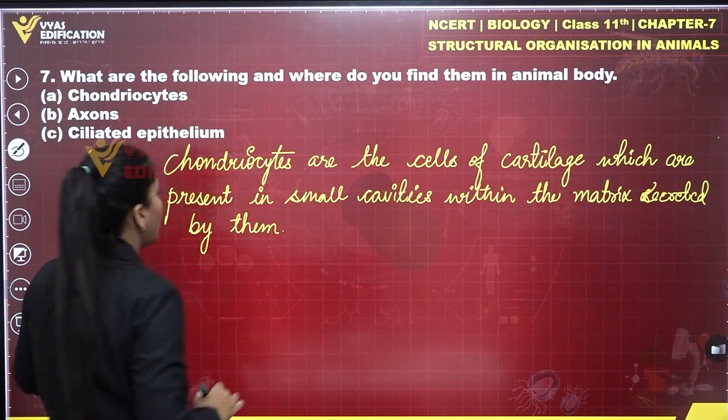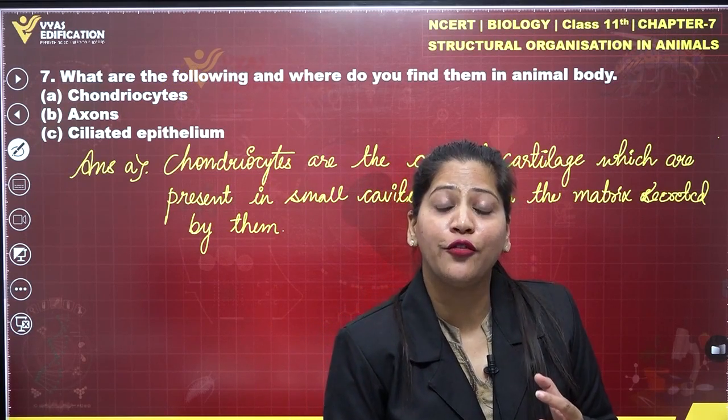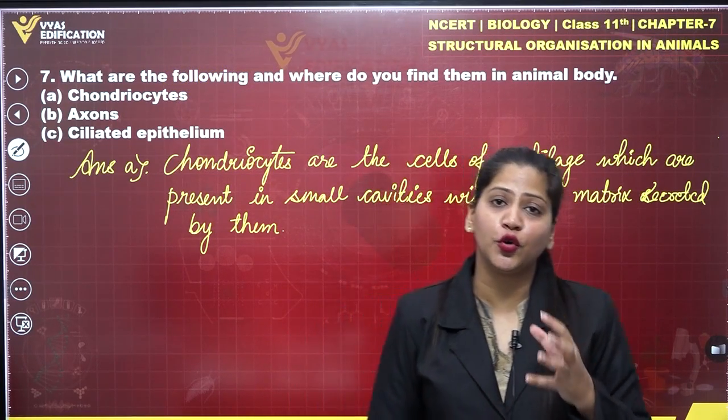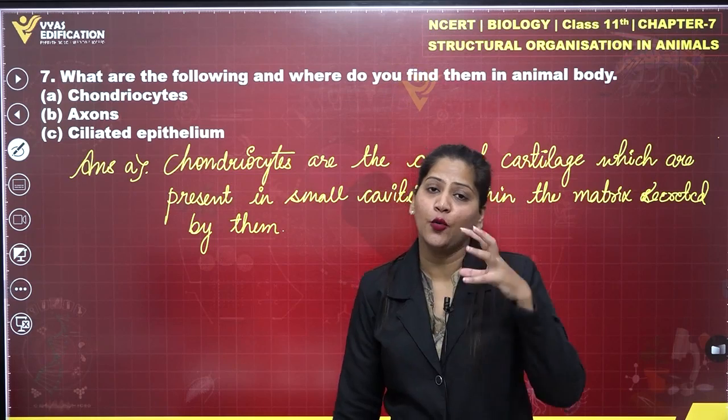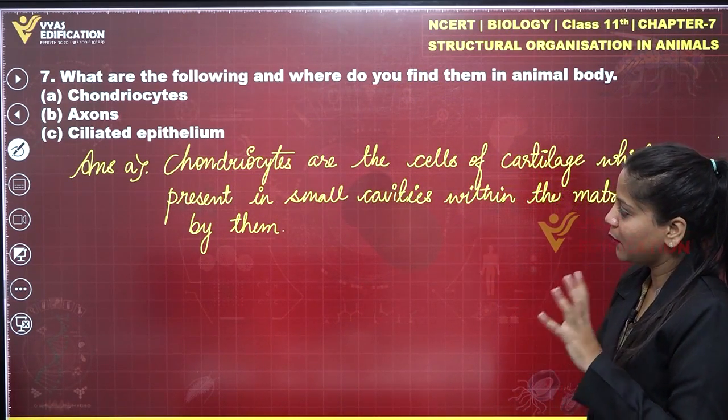So this is what we have about chondrocytes. Chondrocytes are the special cells of cartilages, right, which you will find in the small cavities within the matrix secreted by themselves only. So this is about chondrocytes.